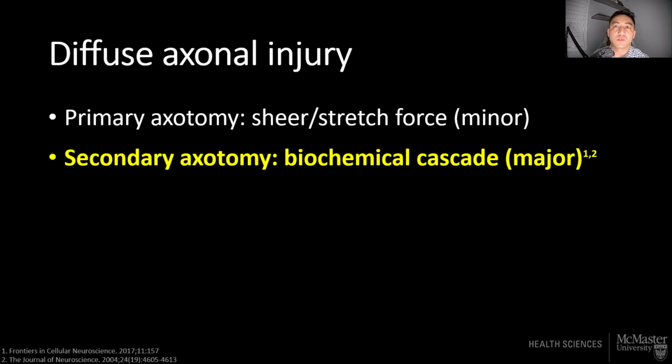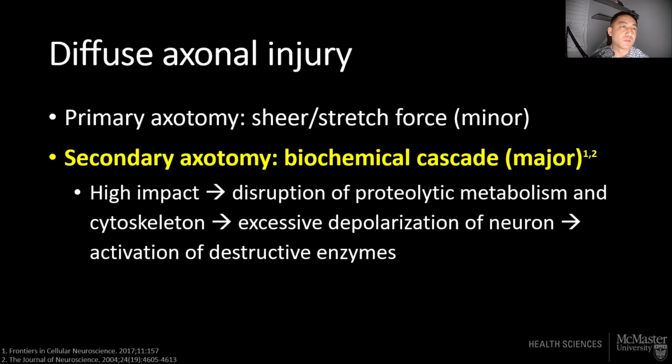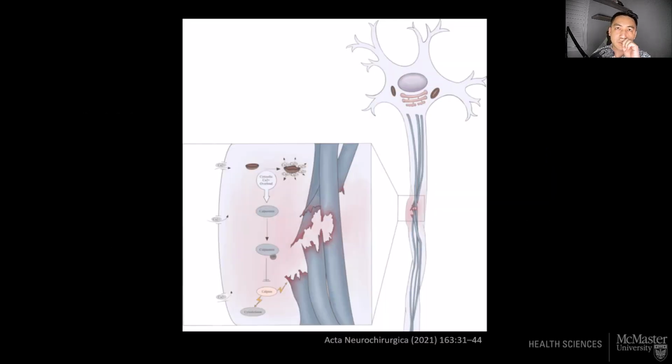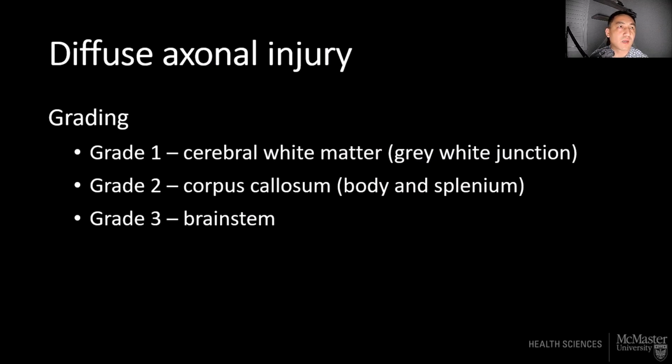In the interest of time, just know that a bunch of biochemical stuff happens after the impact, which results in local destruction of the axon, and it happens within 1 to 6 hours after impact. Here's a depiction of primary and secondary axotomy. You have the primary axotomy that disrupts the cytoskeleton and the biochemical secondary axotomy that ensues shortly after.